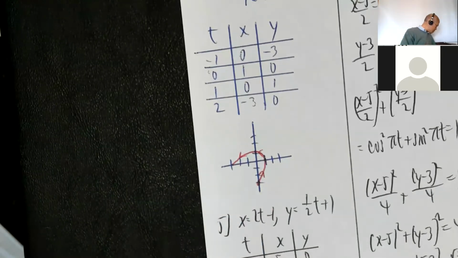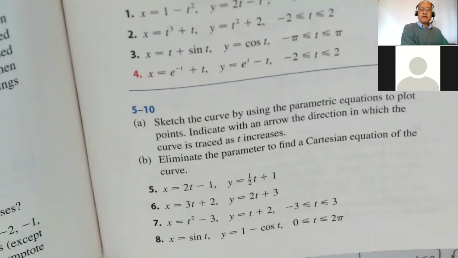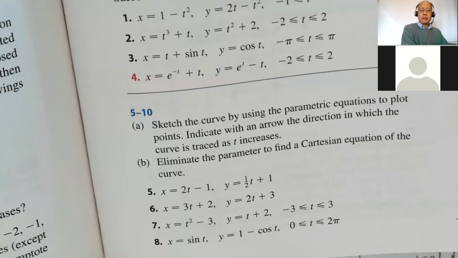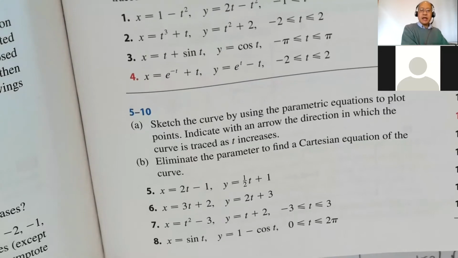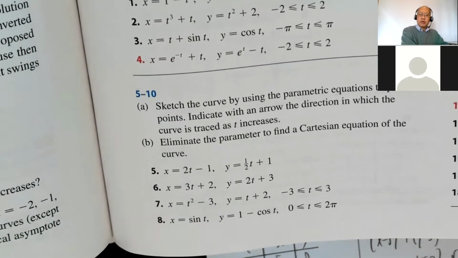I'll let you do number 3, which is similar. And then number 5. Sketch the curve by using parametric equations to plot points, indicate an arrow, and then eliminate the parameter to find a Cartesian equation of the curve. By the way, you see the word Cartesian.